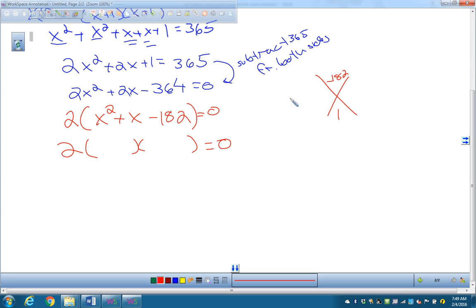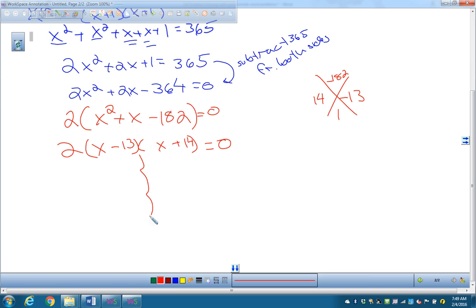So one of them has got to be positive and one of them has got to be negative. Since this is a positive 1, then the 14 has got to be the positive, and this has got to be the negative. And then you write 2 times x minus 13 times x plus 14.